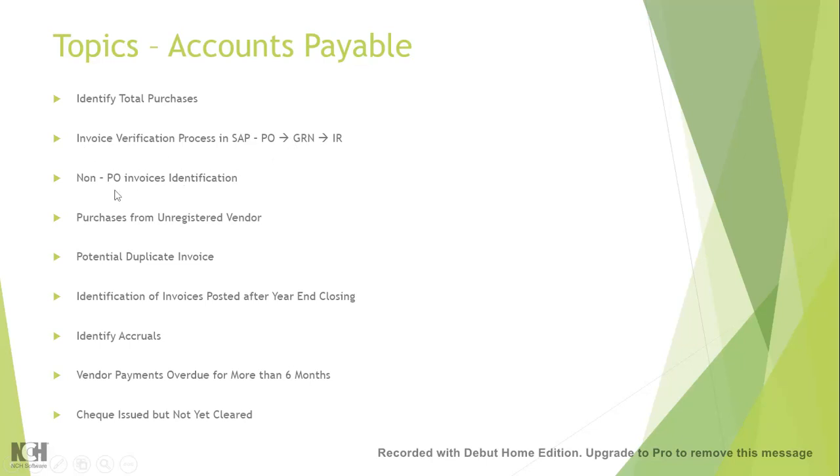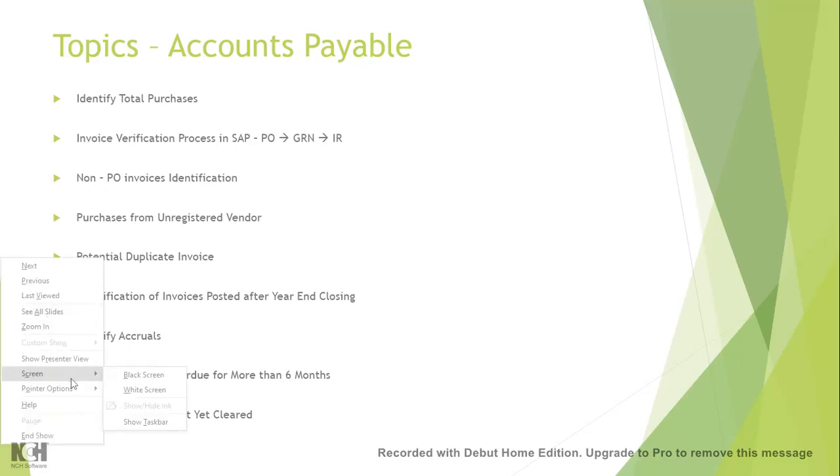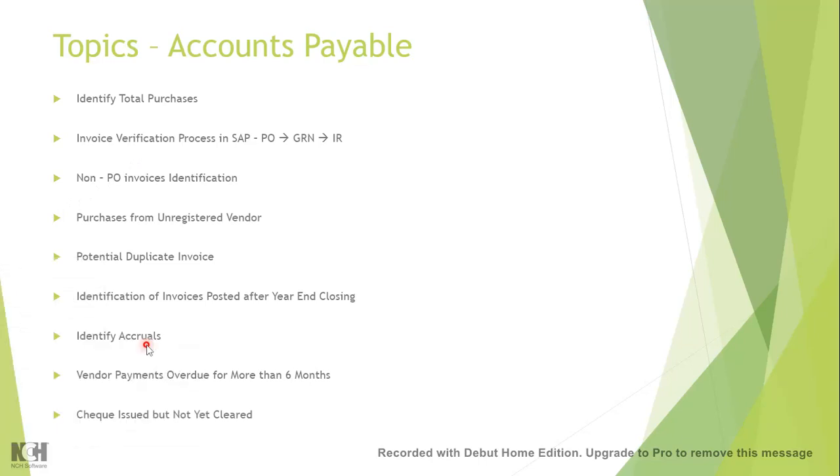Apart from that, you will also have non-PO based invoices. So how do you identify in SAP an invoice which is non-PO based? Then we know now we are GST compliant in India.